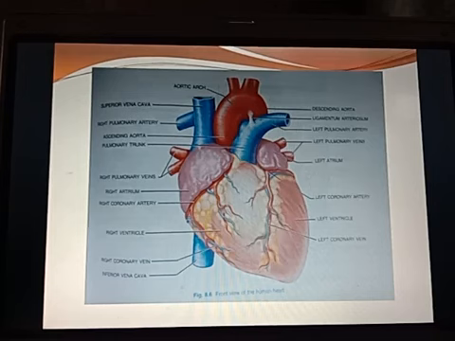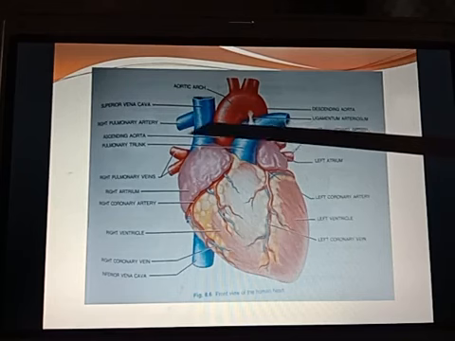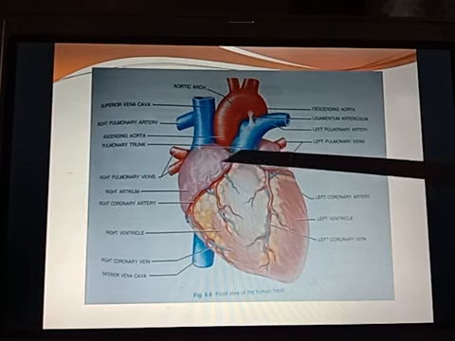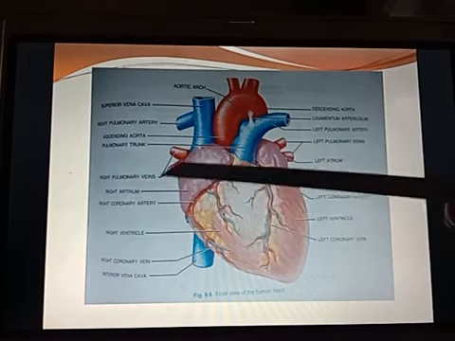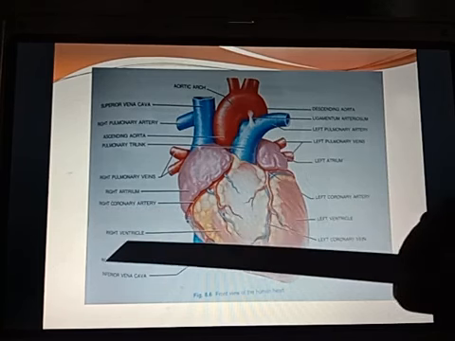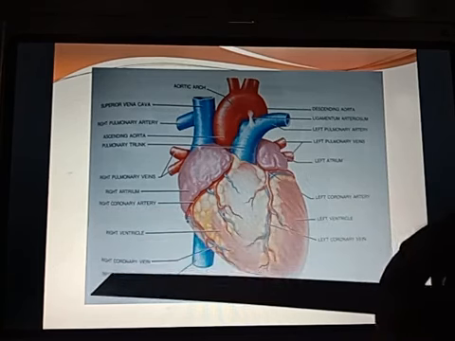It enters the left atrium, the left auricle. From there it will be pumped into the left ventricle, and from the left ventricle it will be taken to the various parts of the body where this oxygenated blood is required. Then you can see here the various other blood vessels like the superior vena cava, right pulmonary artery, pulmonary trunk, right pulmonary vein, right coronary artery, left ventricle is here, right coronary vein.